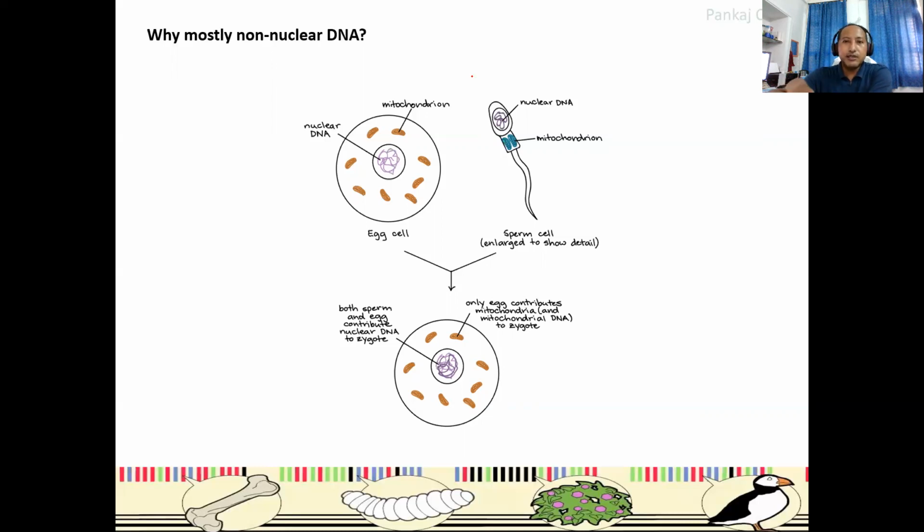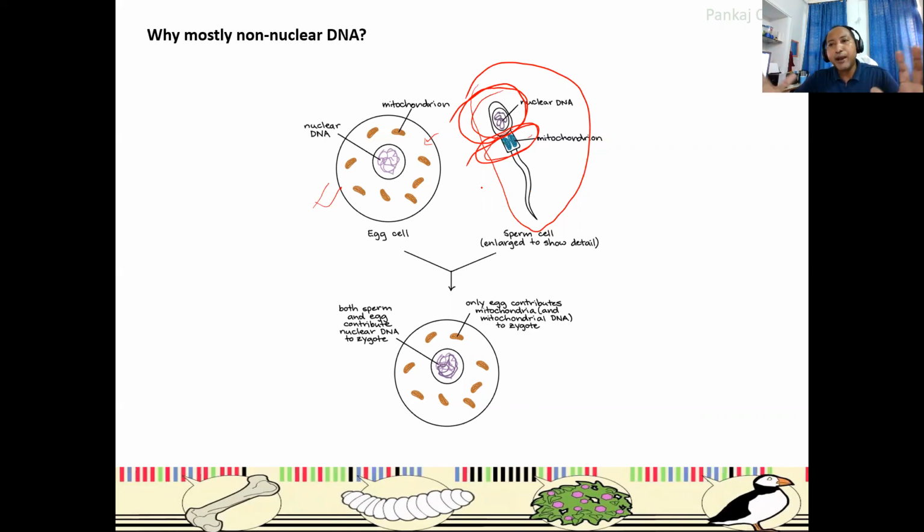Suppose the sperm fertilizes the egg, only this portion of the sperm cell contributes, whereas the mitochondria is present in this portion. So mitochondria do not get transferred to the zygote. As a result, the zygote will not have mitochondria from the sperm cell or the paternal germ cell.